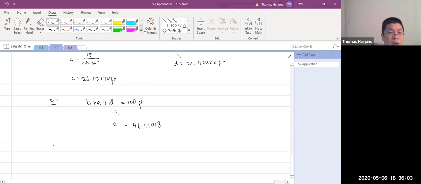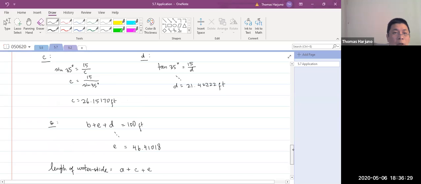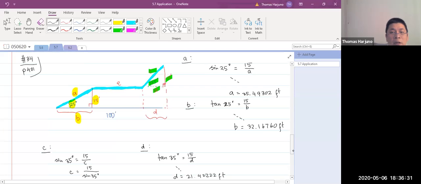Now then the length of the water slide is A plus C plus E, right? Is that what we have on the diagram? A plus C plus E, yeah.